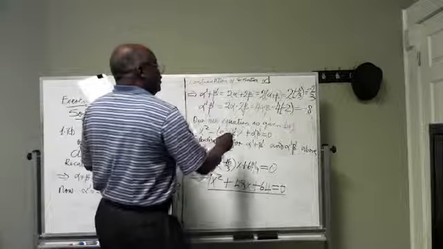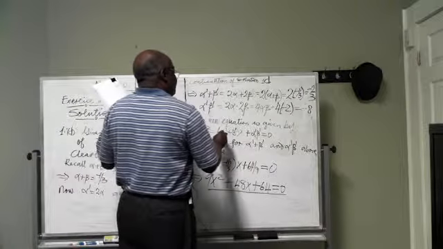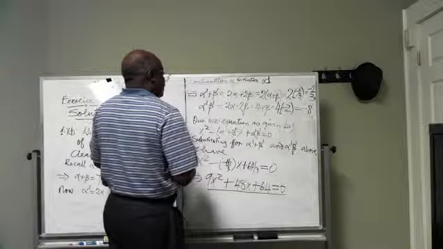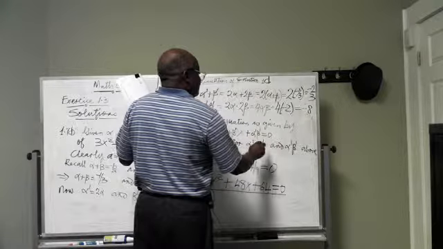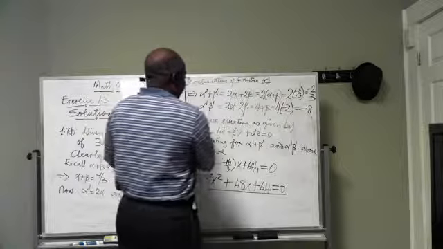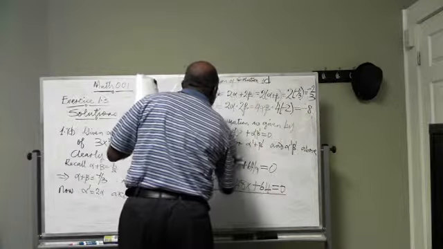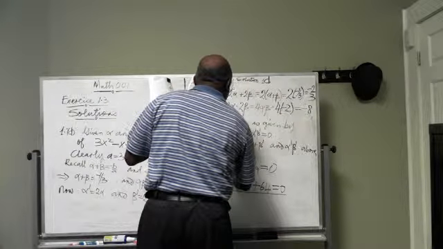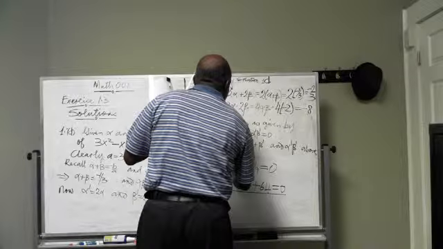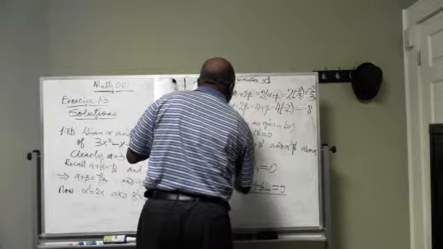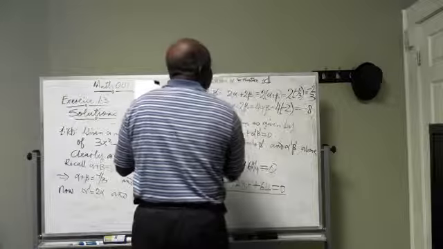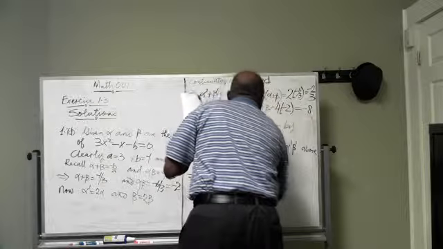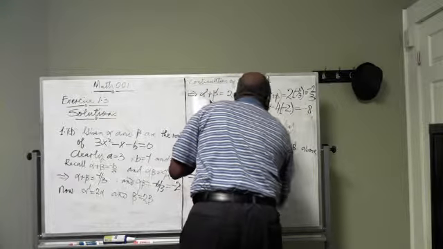So our new equation is given by x squared minus (alpha prime plus beta prime) x plus alpha prime beta prime equals 0. Substituting for alpha prime plus beta prime and alpha prime beta prime above, we have x squared minus (minus 2 over 3) x minus 8 equals 0.